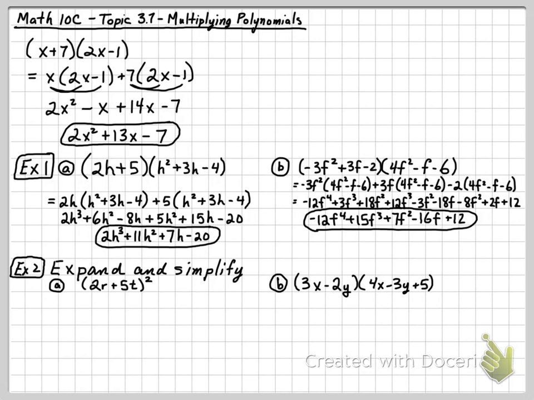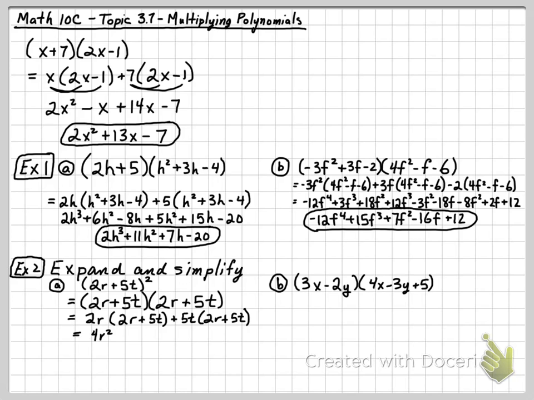This time when we're told to take 2r plus 5t and square it, you don't square the two terms inside of it. What you're doing is taking 2r plus 5t times itself. Anytime you square something, it's times itself. That means I've got to go 2r times the 2r plus 5t plus 5t times 2r plus 5t.